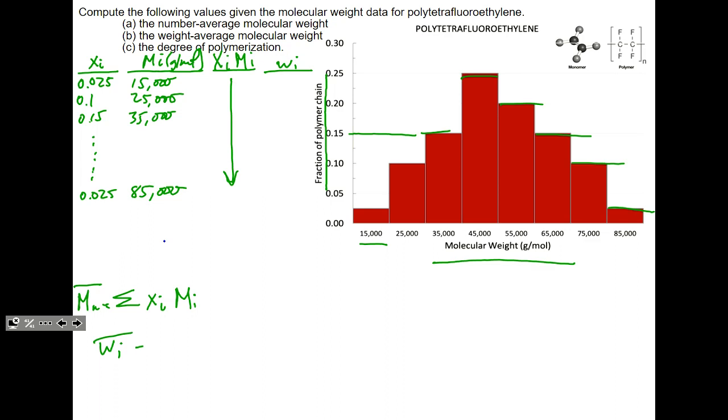The weight fraction is just given by, so you take this value, xi times mi, divided by this, oops, wrong notation.